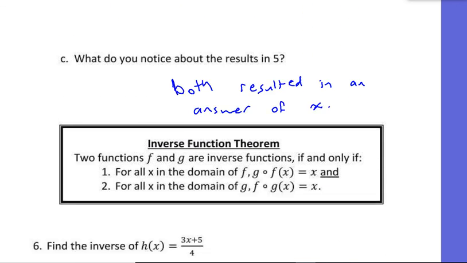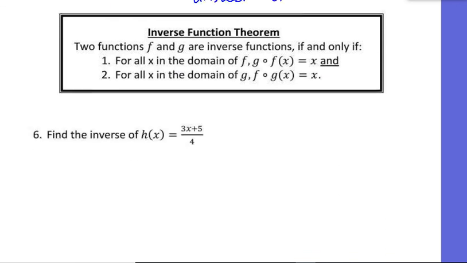Which leads us to the inverse function theorem. The inverse function theorem says that if two functions, f and g, are inverse functions, that's true if and only if, for all x in the domain of f, g of f of x equals x, and for all x in the domain of g, f of g of x equals x.